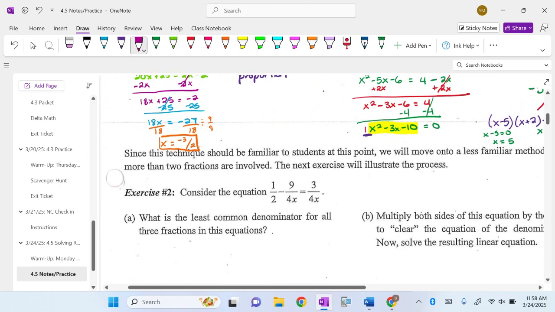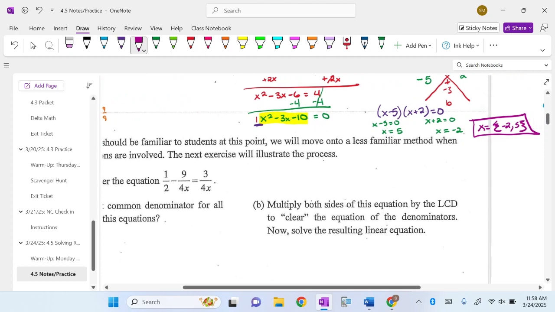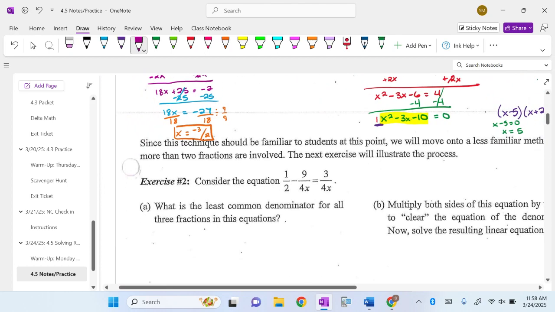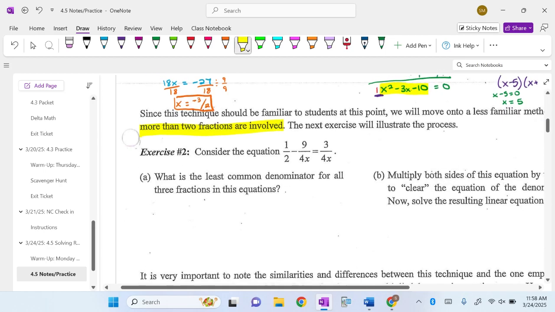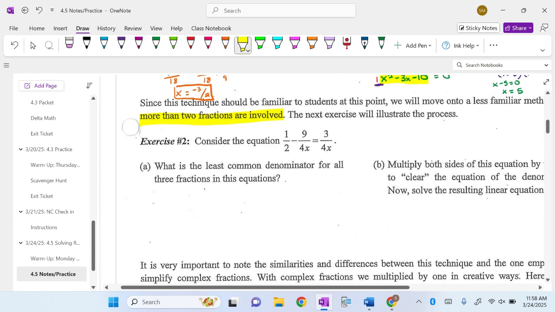So the far less familiar method is what we call the LCD method, for when you have 2 or more fractions involved on one side. We're going to do more of these later on this week, more advanced ones, but we can at the very least do some simple ones.